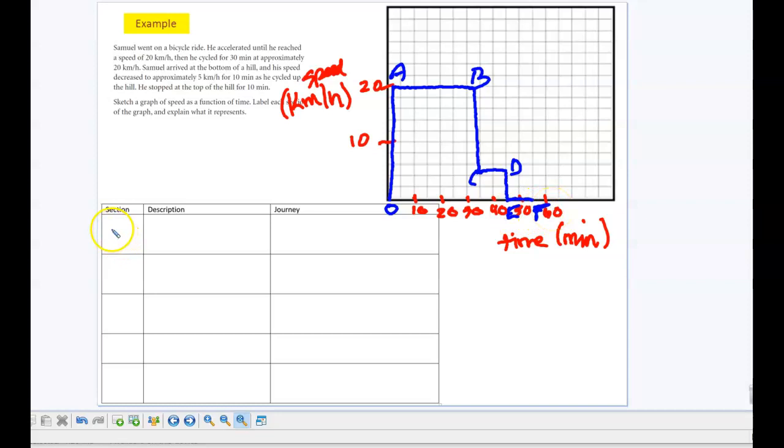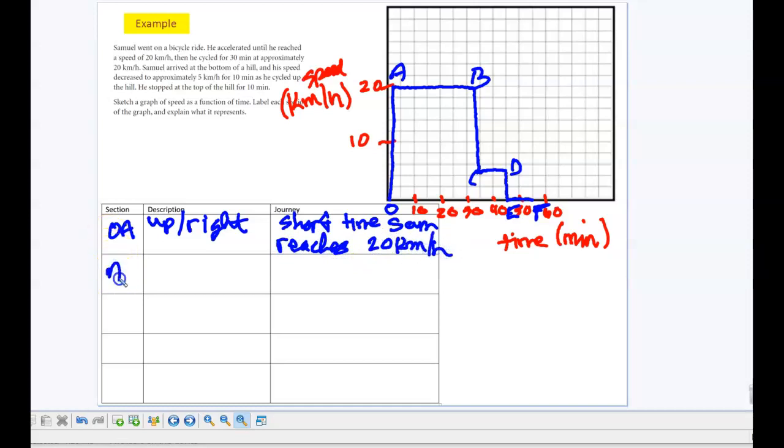So from O to A, the graph is up and to the right. And we'll say that in a short time, Sam reaches the speed of 20 kilometers per hour.